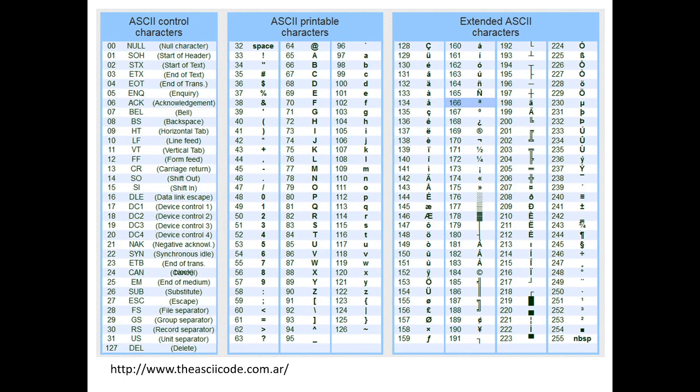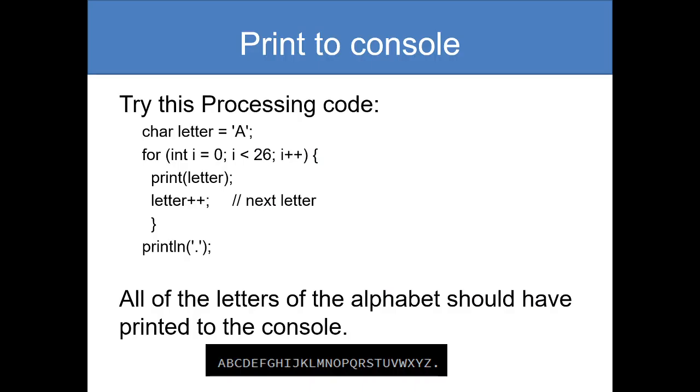Hopefully you've seen this before. If not, definitely check it out. Take a little bit to see how it works. It's really helpful whenever you start doing coding, especially these control characters, which are very well used in a lot of places. So let's try this.